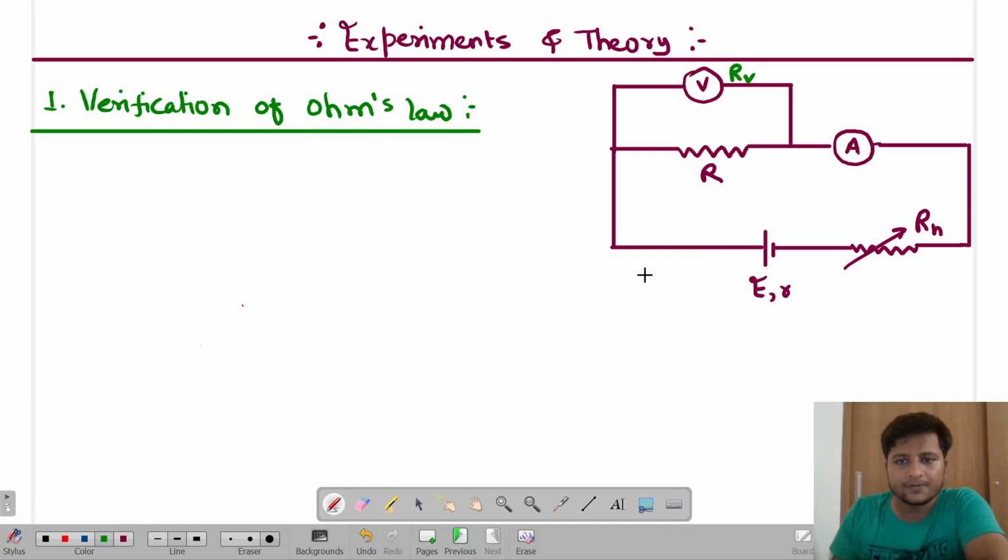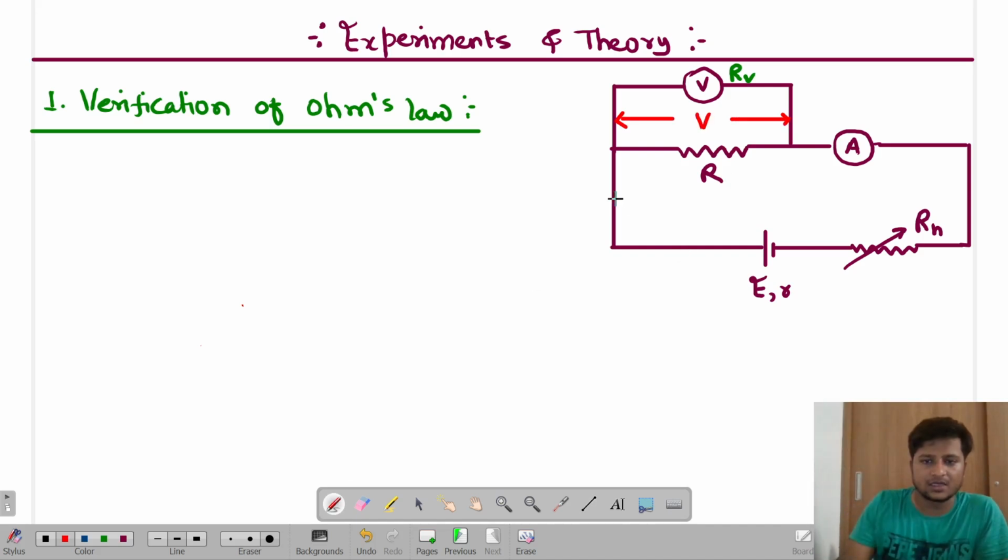Are you able to get me or not? So this voltmeter will measure some voltage across the resistance. Let's call this V. Here, let's suppose the current was I. So here also the ammeter will read some current I.